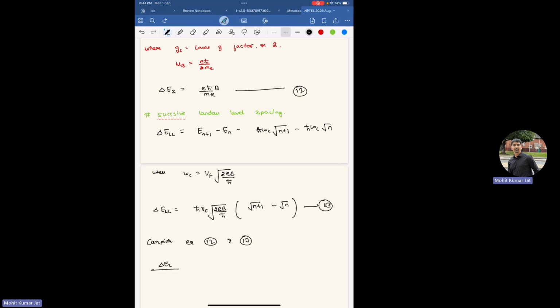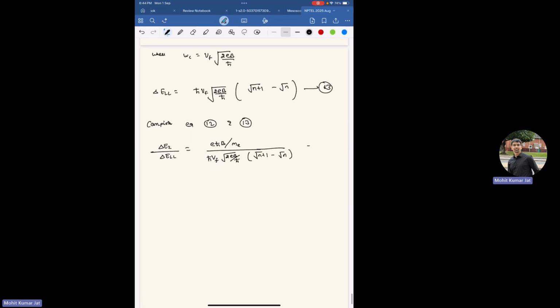So ΔE_Z or ΔE_LL will be e ħ B by m_e, the mass of electron, divided by ħ v_F under root 2eB by ħ under root N+1 minus under root N.